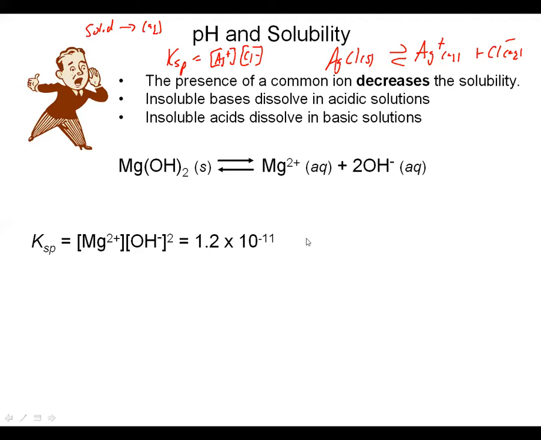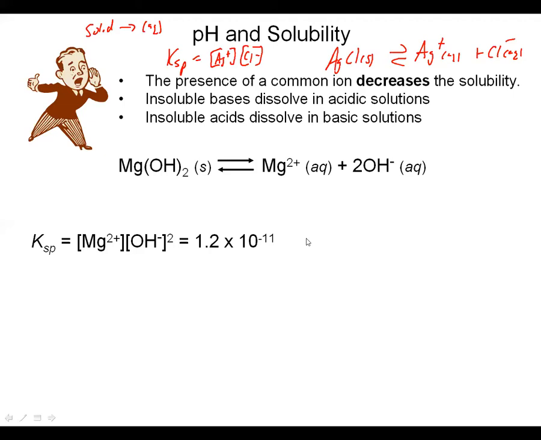Even if it's a very, very minuscule amount, it will still set up this equilibrium. It just may mean that the silver and chloride ions, for example, are such a very small amount that, based on the solubility rules, it is considered insoluble and not really dissolving. But there is some level of dissolving.